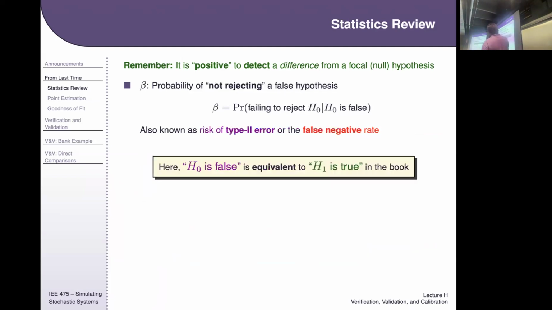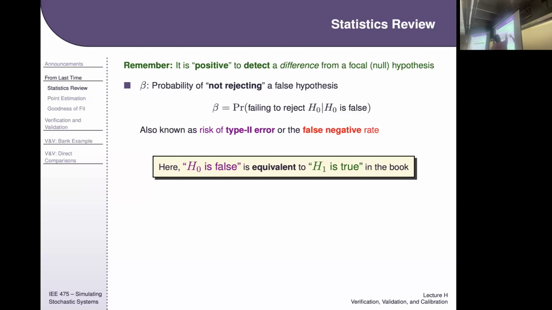Okay, so remember, it's positive to detect a difference. The other error, beta, is our type 2 error. That's the probability of not rejecting a false hypothesis. The book will talk about the null, H naught or H null, and about H1 as an alternative hypothesis. Sometimes the book will say when the alternative is true, which is a synonym for saying the null is false.